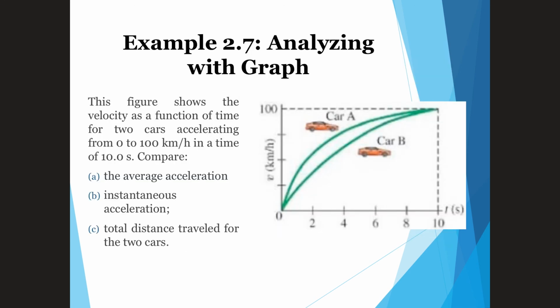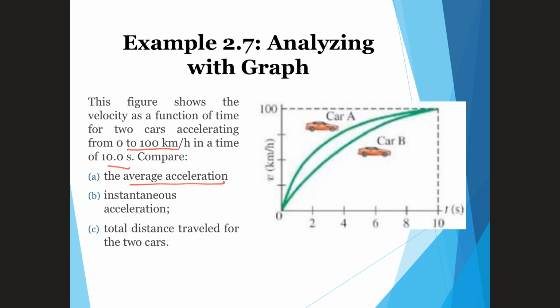Now we are going to analyze the graph, which is practically very easy. This figure shows the velocity as a function of time for 2 cars accelerating from 0 to 110 km per hour in a time of 10 seconds. Compare the average acceleration.